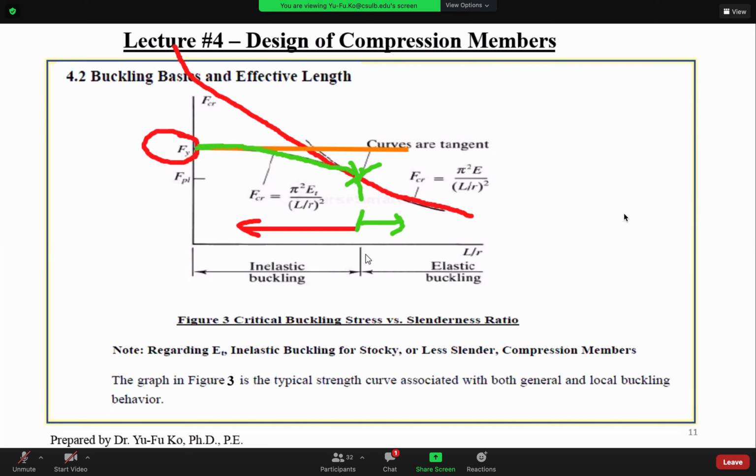The separation point between the two we can discuss later. Where is the separation point of the slenderness ratio that separates the elastic buckling and the so-called inelastic?